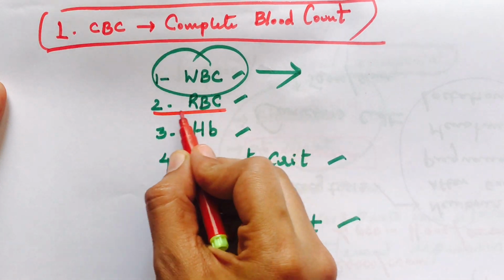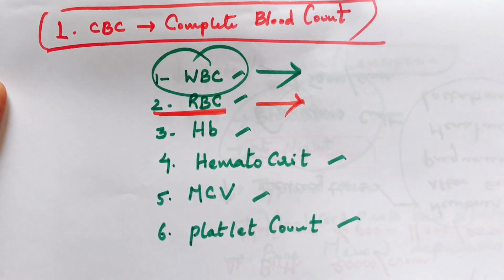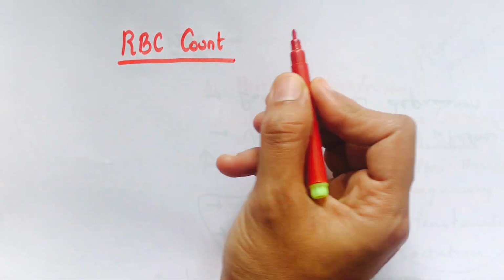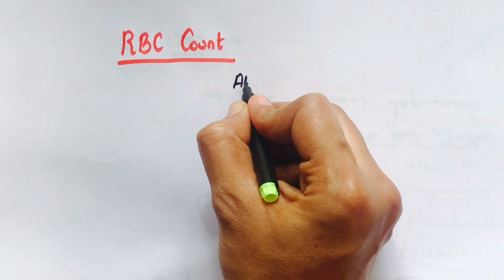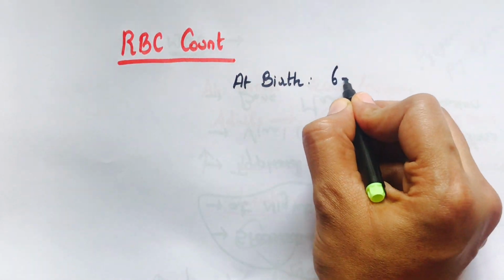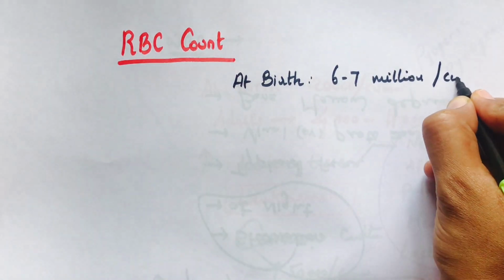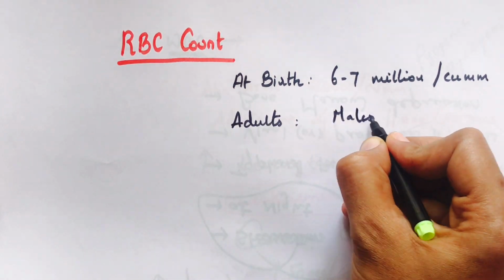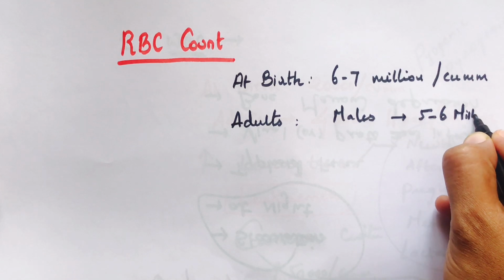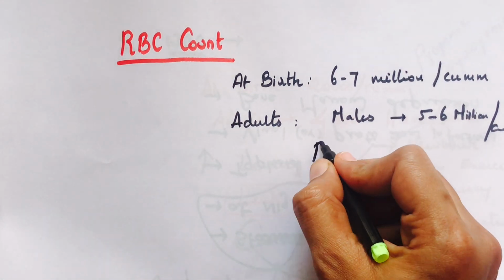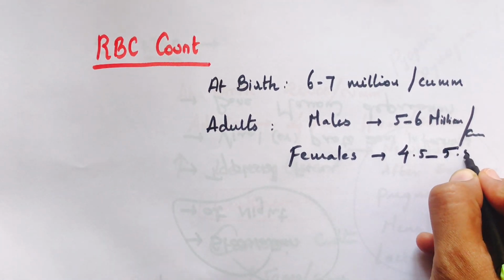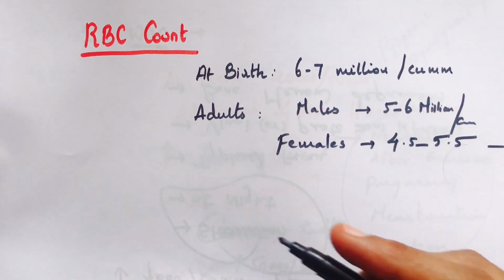Next component in CBC is Rbc count. The normal range of red blood cells at birth is 6 to 7 million cells. In adults, it is 5 to 6 million in males and 4.5 to 5.5 million cells in females.